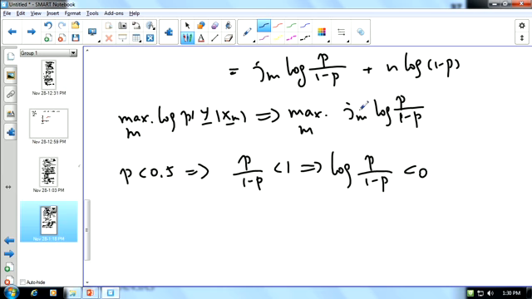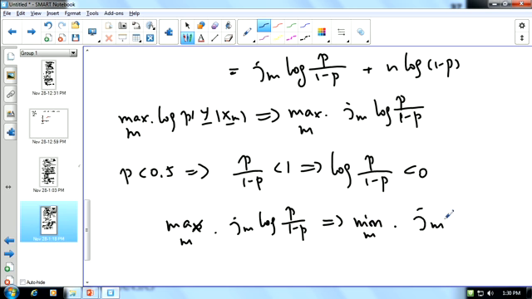So maximize a negative number is equivalent to minimize a positive number. Okay? So for example, if log of p over 1 minus p is negative 2, so maximize minus 2j is equivalent to minimize just j.